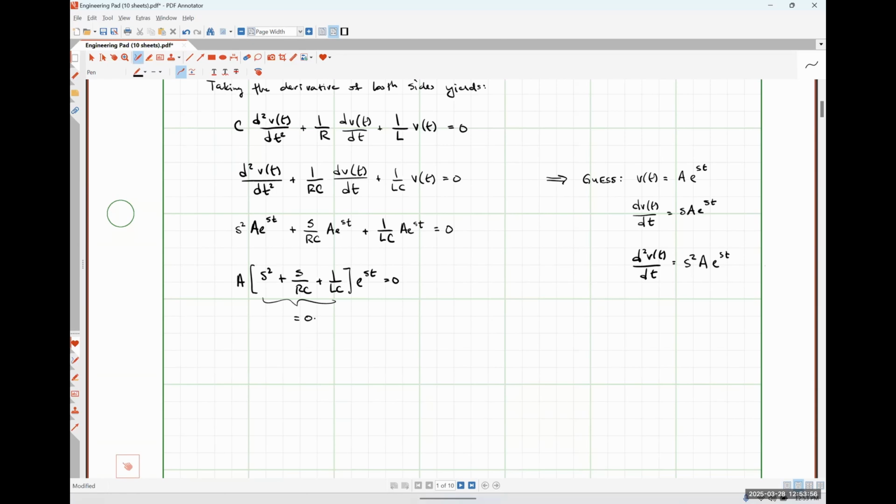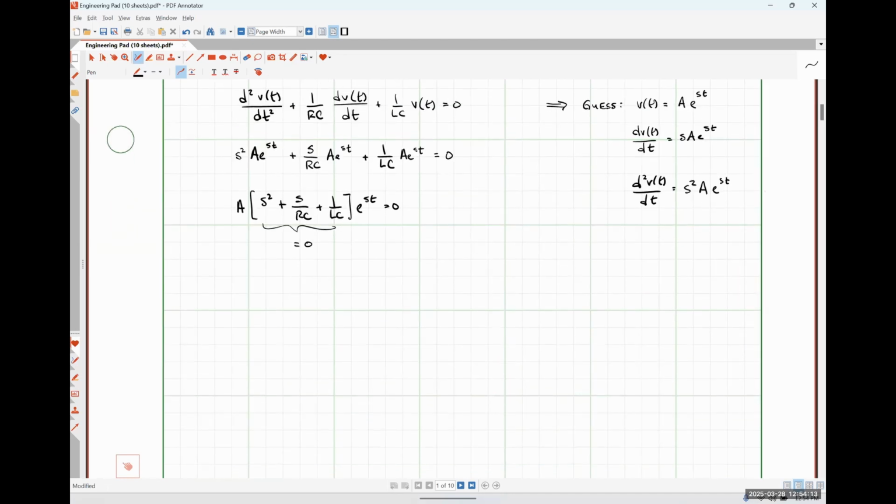So luckily for us, this is just a second order polynomial, or more commonly known as a quadratic function, right? So I can literally use the quadratic equation to figure out what the roots of this thing are. And so I'm going to do that right now. So I'm going to have two different s values.